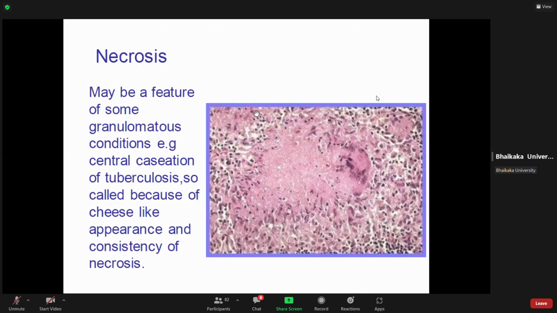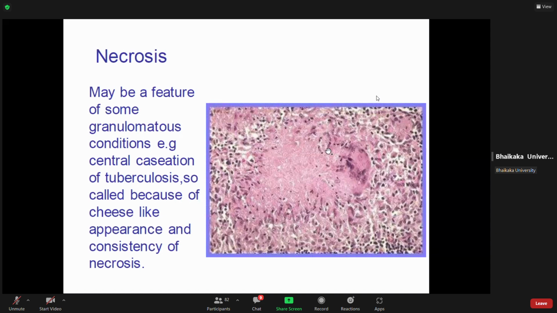Now we come to necrosis. Necrosis also is a very important feature in granuloma. Mostly in the center of the granuloma you find necrosis, and it is very typical of tuberculosis.